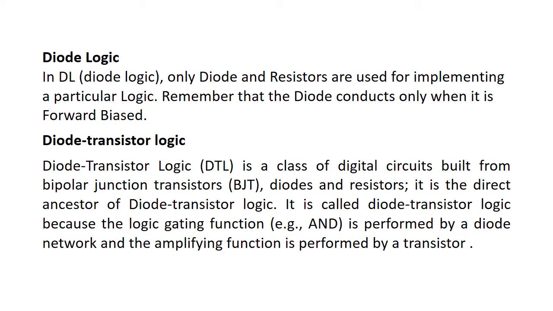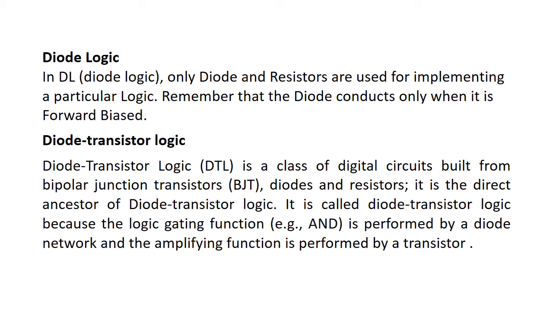First one is diode logic. In diode logic, only diodes and resistors are used for implementing a particular logic. Remember that the diode conducts only when it is forward biased. Next one is diode transistor logic or DTL.